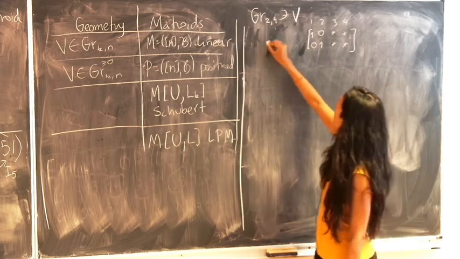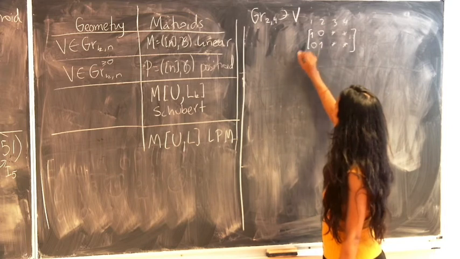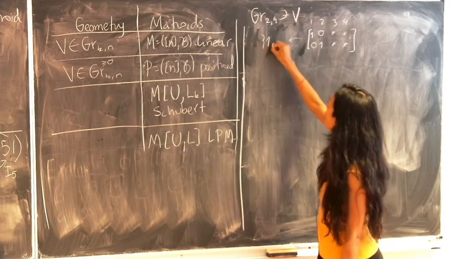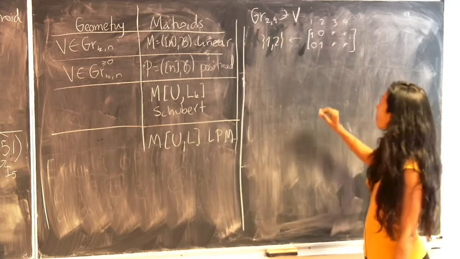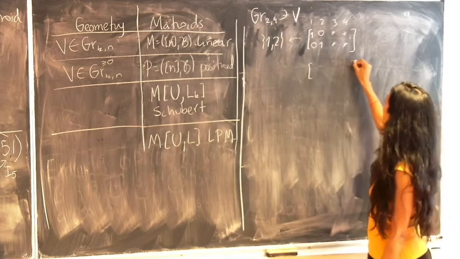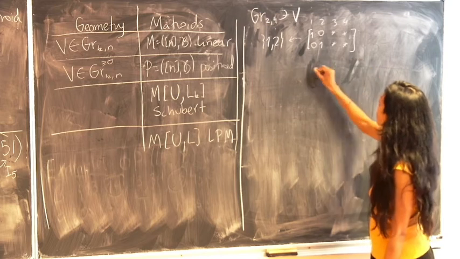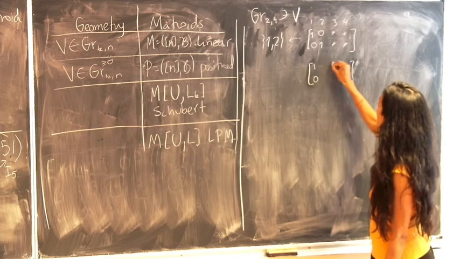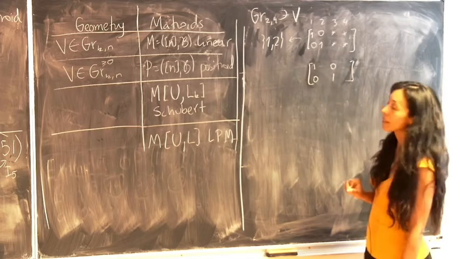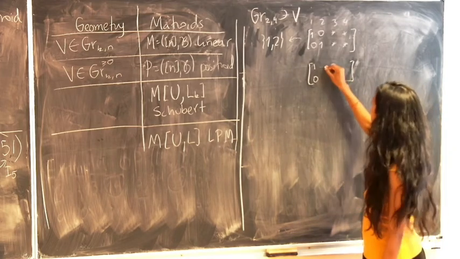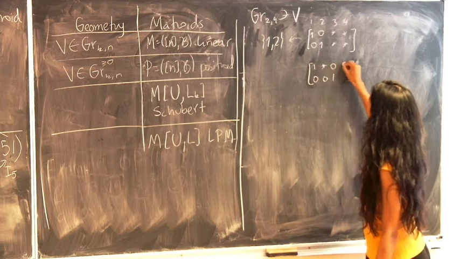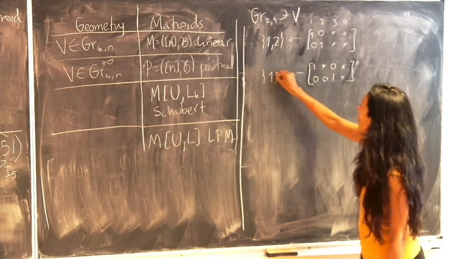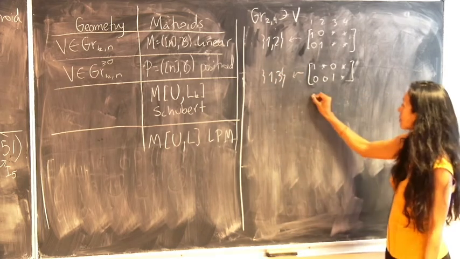In this case, what is important is that pivots were in columns 1 and 2. Another possibility is that pivots were in columns 1 and 3. So if pivots were in columns 1 and 3, the identity matrix will show up in those columns, and the reduction is going to look something like this. And so that's another possibility, and so on.